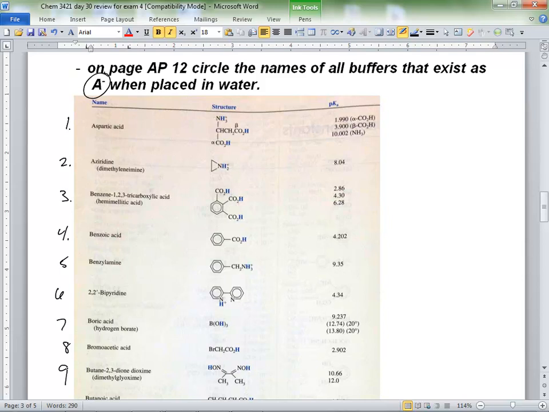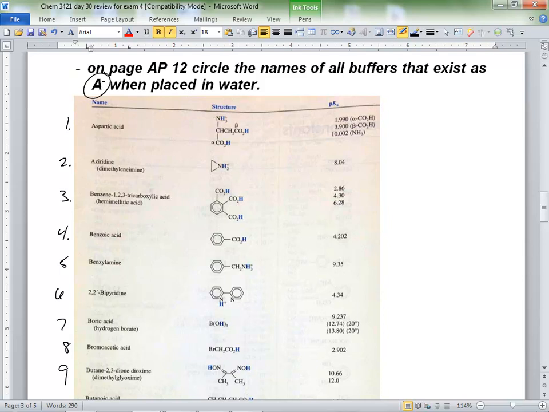So did you circle number 1? Number 1 is kind of a bad choice because it's got 3. It's got 3. So technically there's 2 more acidic hydrogens. So to make this question really work, that should not be part of the question.